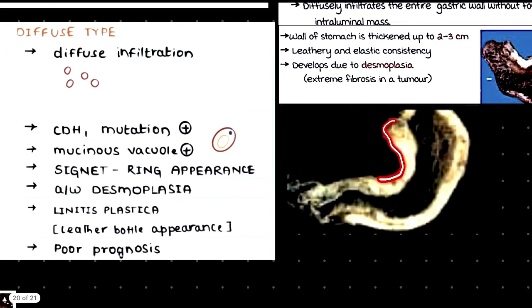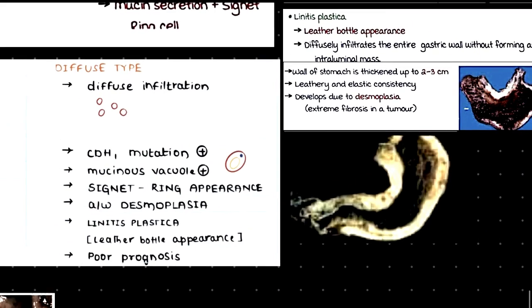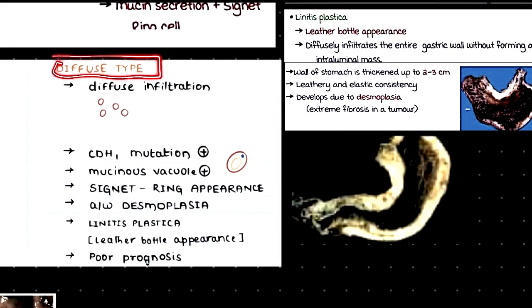As you can see, this is our stomach, and you can see the wall of the stomach is so thick. Why is it so thick? Because in this diffuse type, the tumor cells are going and infiltrating into the wall of the stomach. As there will be high infiltration into the wall of the stomach, the wall will be so thick.